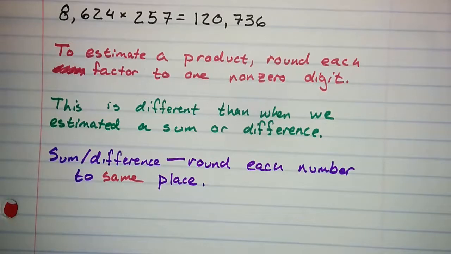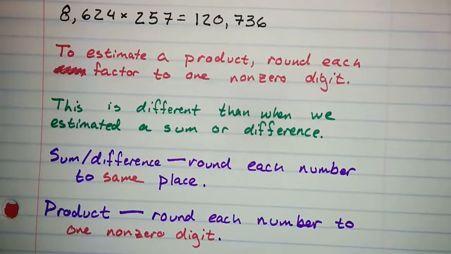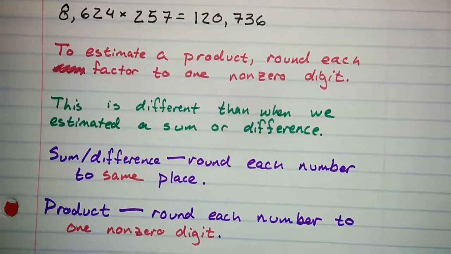And the reason for that is that with a sum or a difference, it matters how the place values line up. But when we estimate a product, we just round each number to one non-zero digit because it doesn't matter how they line up. And we want to avoid multiplying numbers with more than one non-zero digit if at all possible. All right, so how shall we round these numbers?